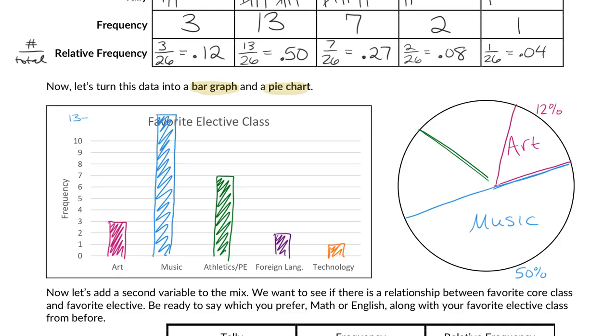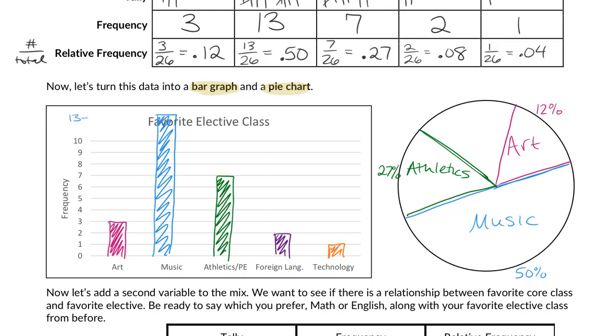I know you probably use markers, so you can't do that. Is that better for us? Okay, again, we would use a protractor if we're really trying to do this correctly. We'll just, again, we're going to label it and put the number so we get what percentage it's supposed to be. This is athletics, which is 27%. Forgive my inability to draw, please.